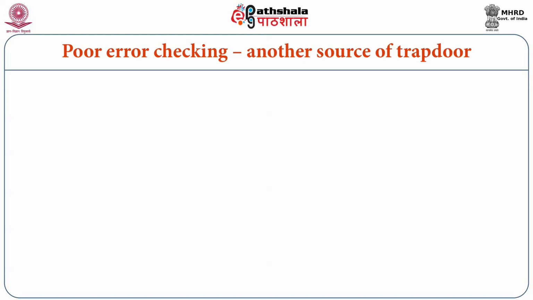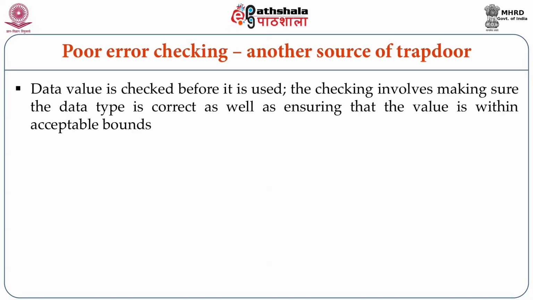A trapdoor has another source, which is poor error checking. When a data value is entered, it is checked before it is used. What kind of check do we make on the data? Its data type is correct and the value is within the acceptable bounds.